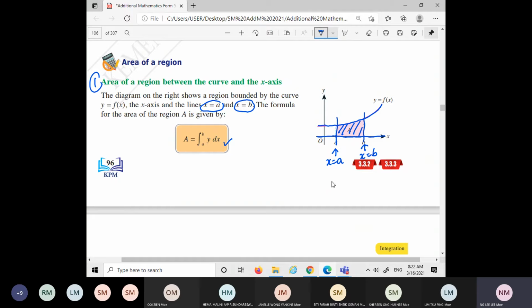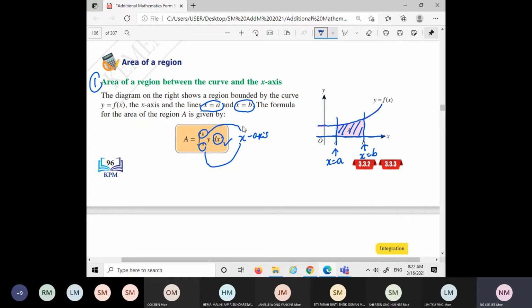So remember, if the two limits here are from the x-axis, then here is dx. This is how I remember. If here is dx, make sure these two points are from the x-axis.